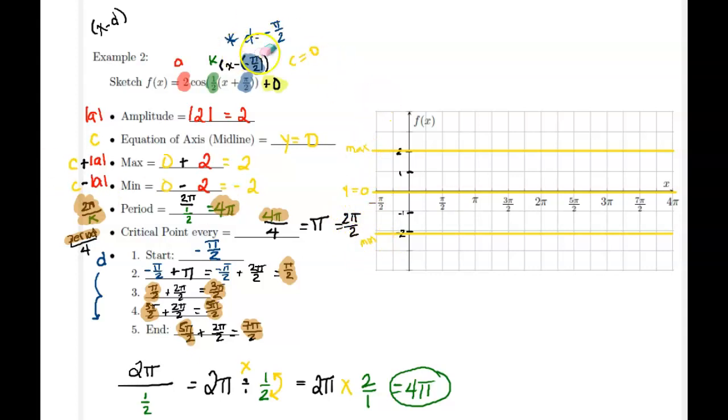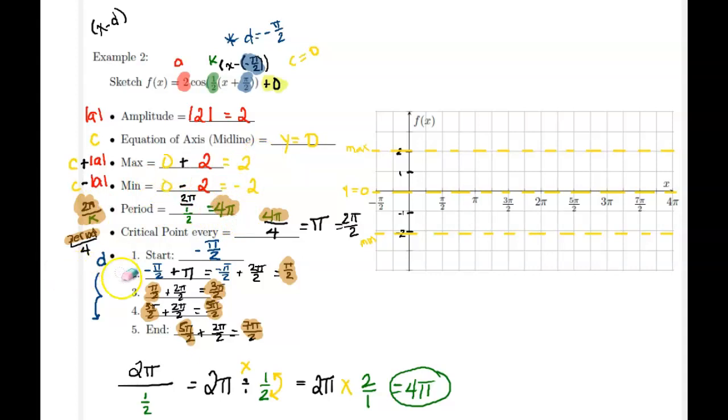We typically do this as a dotted line, so let's make those dotted here. Lovely. Okay, so there's my midline, maximum, and minimum.